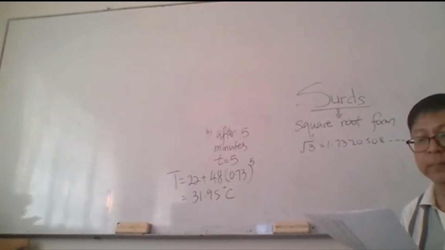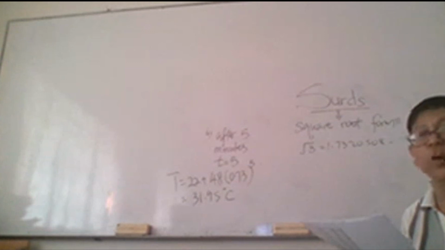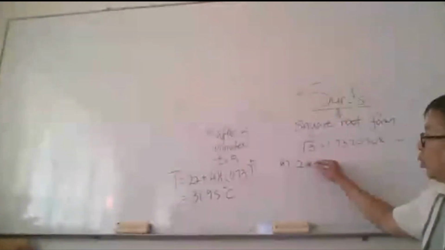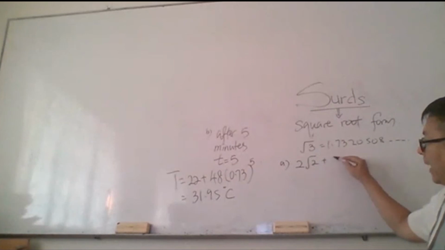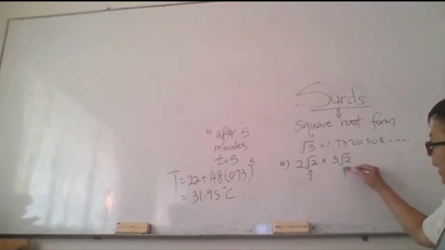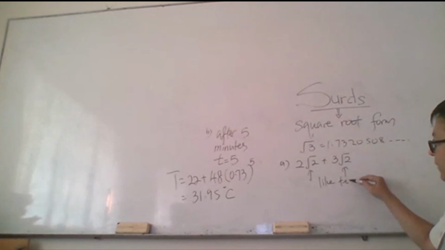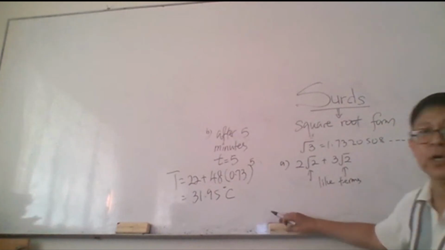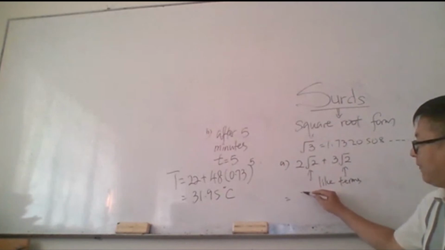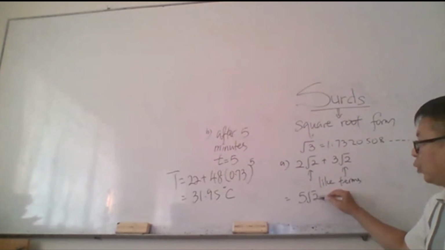Only like terms can be added or subtracted. For instance, 2 square root of 2 plus 3 square root of 2. They are called like terms, so we can just add the numbers and get 5 square root of 2.